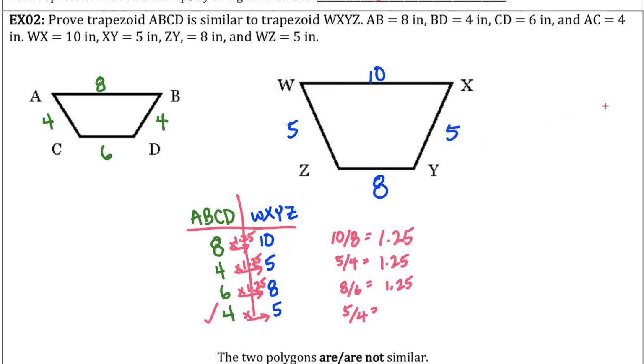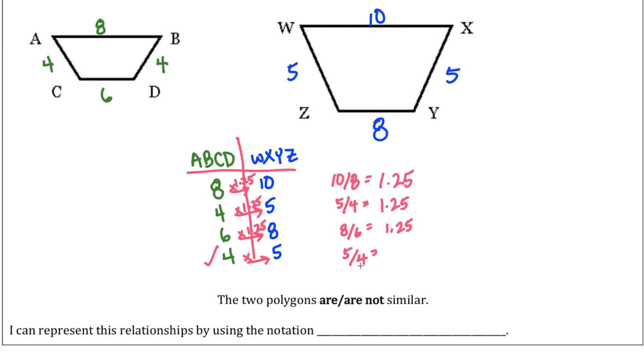The scale factor is 1.25. So they are similar. So I can represent the relationship by using the notation trapezoid ABCD is similar to WXYZ. All right, not too bad.